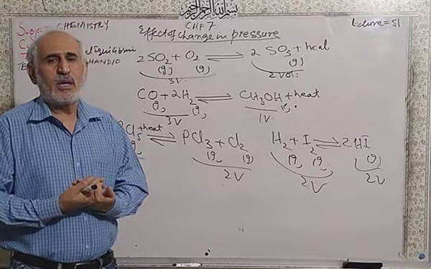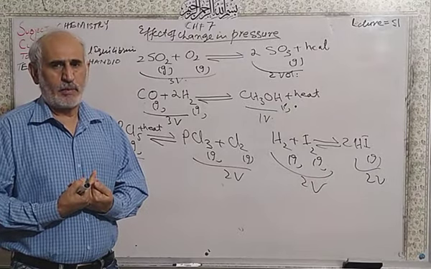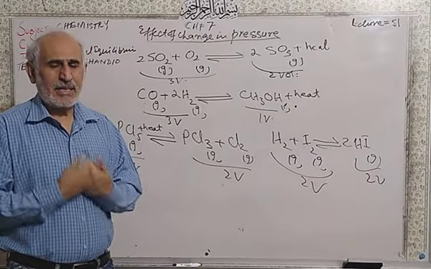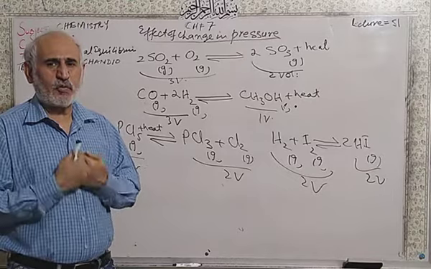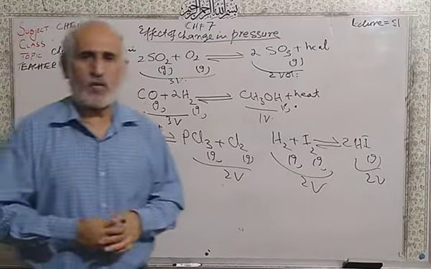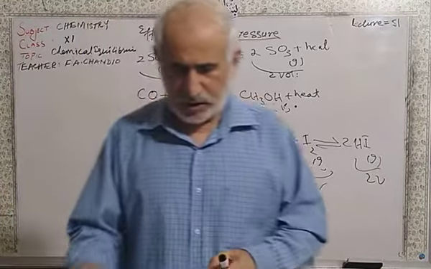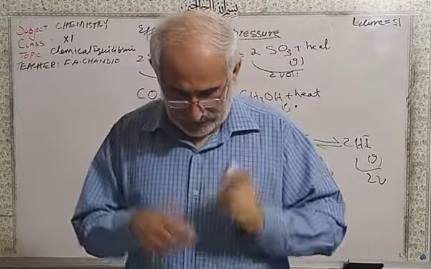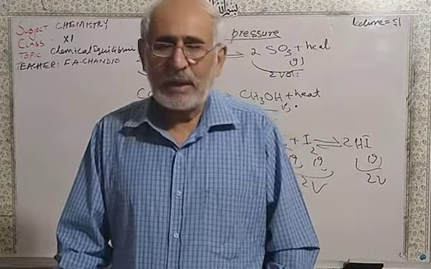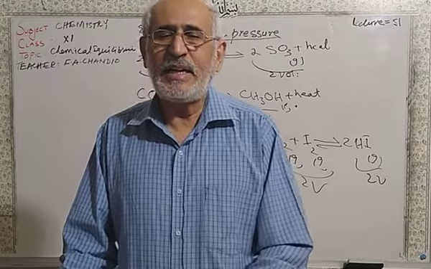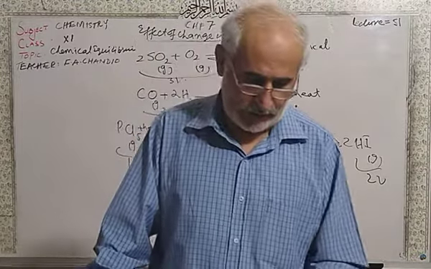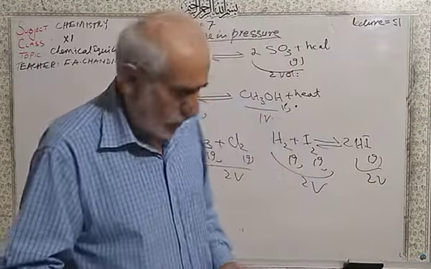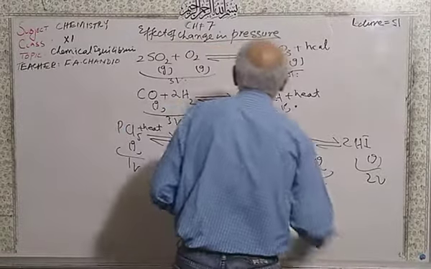So this is not favored. This condition is not favorable for the production of methyl alcohol. The system will move towards the reactant side. So this does not increase the yield of methyl alcohol by decreasing the pressure. So dear students, this was the effect of pressure.